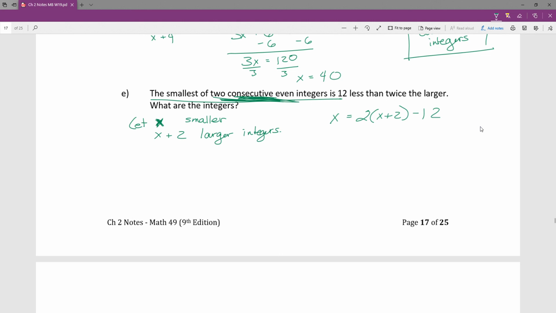So the smaller of two consecutive integers is 12 less than twice the larger. I made a point here to say smaller and larger, and that helped me with my translation. If you get to that equation, now we can do the solving of it. Usually people are happy once they get to that point, then they tie in and put it together.